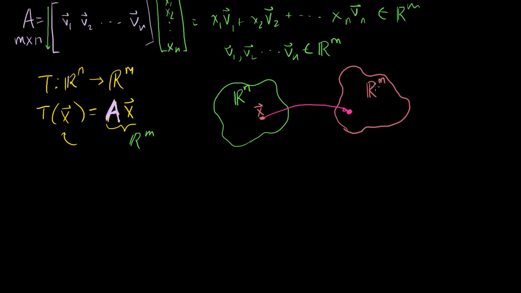And this guy will be a member of Rm, and we could call him Ax, or if Ax equals b, we could call him the vector b. But this is our transformation mapping. So this does fit our terminology for a function or a transformation as a mapping from one set to another.